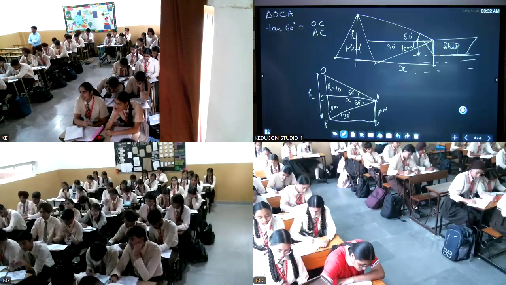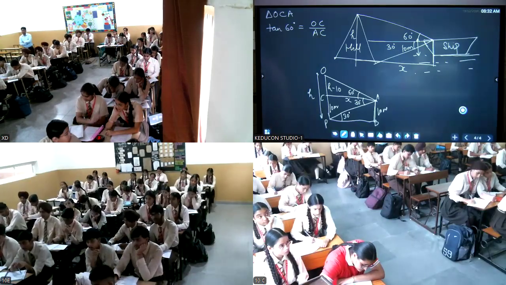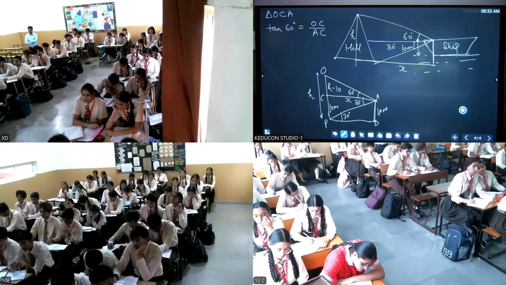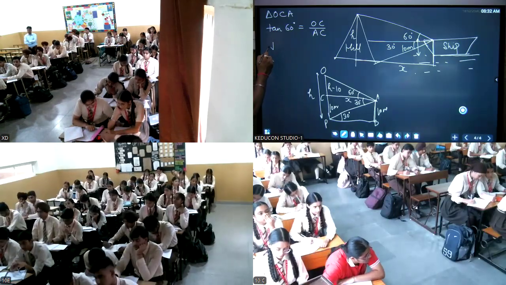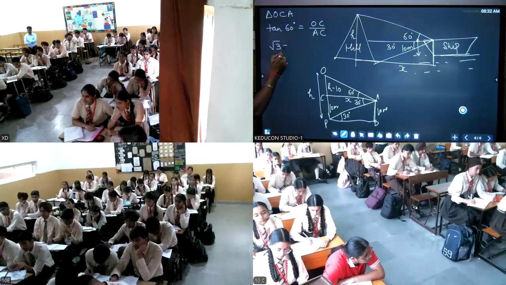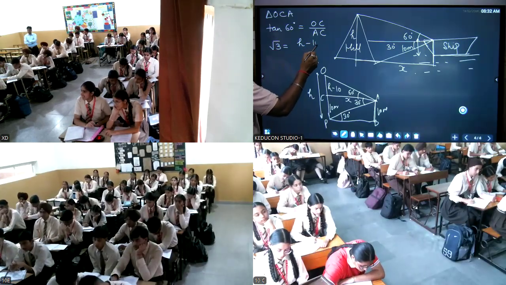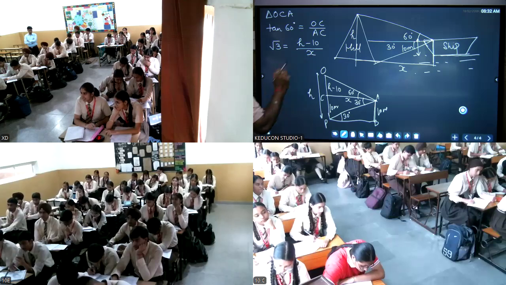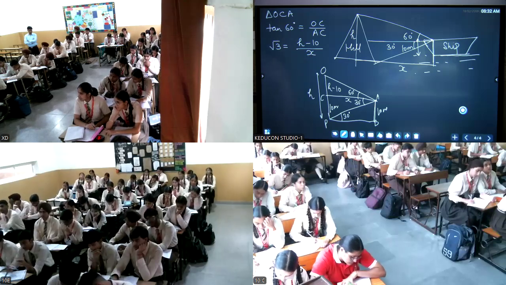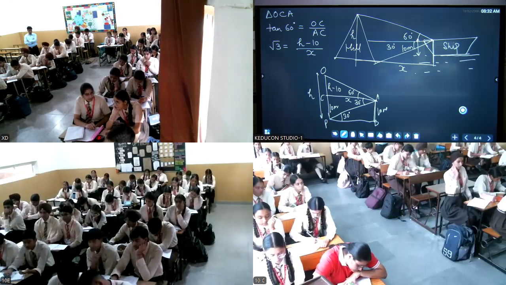Is this clear? What is the value of tan 60 degree? Root 3. What is OC? H minus 10 over x. Is it clear, students? Any doubt in this?